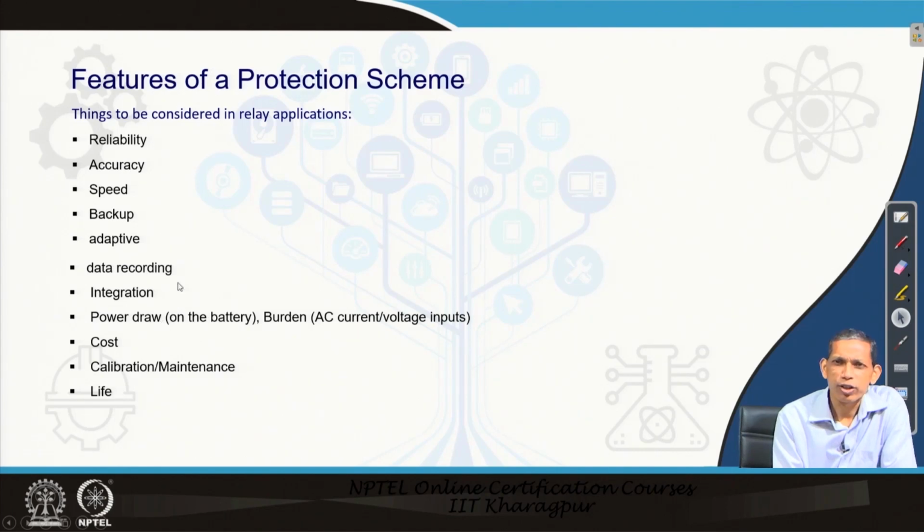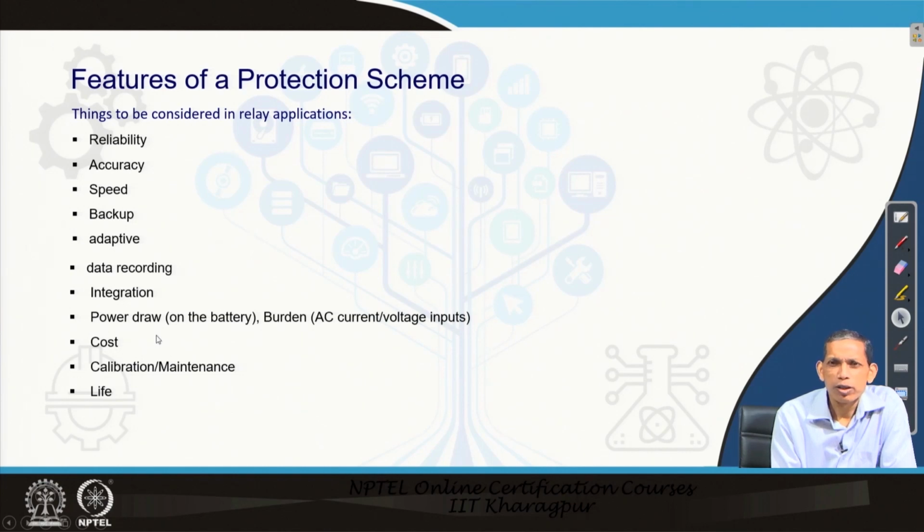They can integrate other relays in the system or in the substation through a dedicated communication system. A relay should draw minimum power from the battery. The burden on these sensors, CTs and PTs, should be as low as possible, otherwise it will be a lossy system.